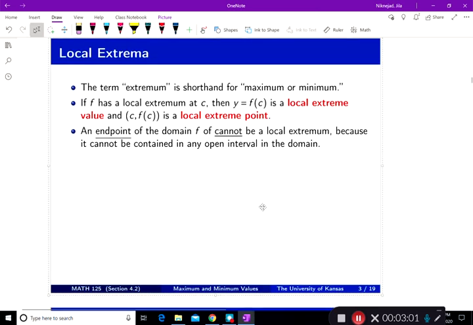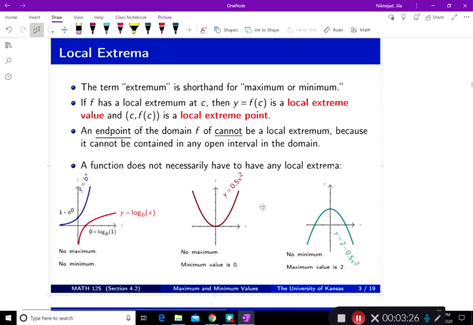An endpoint of a domain cannot be a local extremum. It can be an absolute extremum, and we talk about that. And the reason for not being local is because it doesn't contain a neighborhood of points.